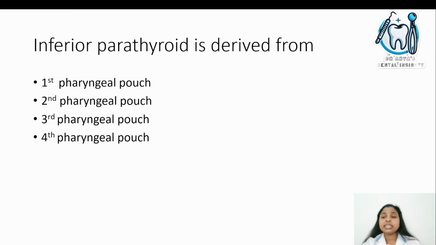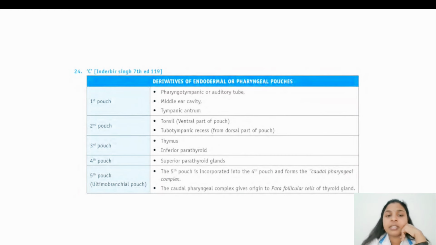Coming to the next question: the inferior parathyroid gland is derived from which pharyngeal pouch? There are pharyngeal pouches and also pharyngeal arches. Is it first, second, third, or fourth? Some derivatives of the pharyngeal pouches: the first pouch gives rise to the pharyngotympanic or auditory tube, the middle ear cavity and the tympanic antrum.